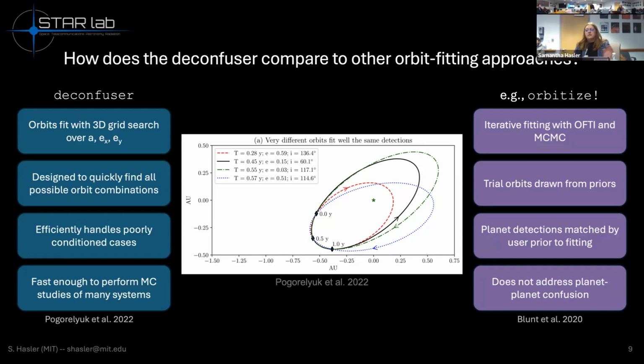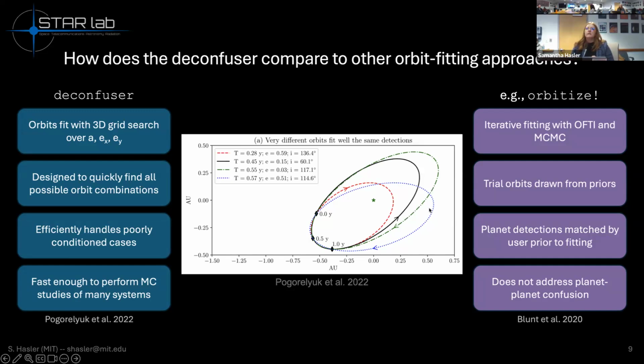The issue with that is that there are regions where these solutions lie that could be potentially numerous and very small. And so you run into the issue where you need a large number of samples to ensure that all confusing orbits are found. And so when my colleagues ran tests against the deconfuser compared to Orbitize, Orbitize was not always able to find a solution within a few seconds compared to the deconfuser, which can. The deconfuser also touches on efficiently handling poorly conditioned cases.